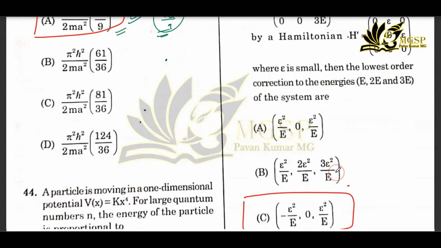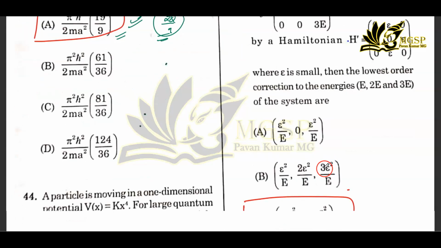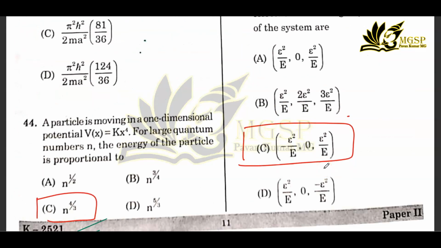Next, here also I have a doubt. They have given a system with a perturbed Hamiltonian. I think this might be greater, because I got the same as this, but here there was a two term instead of this.